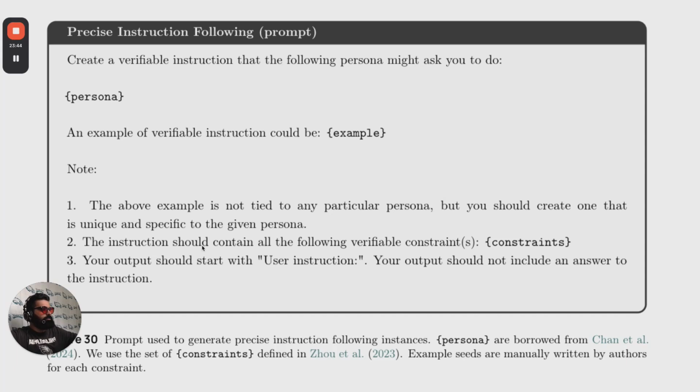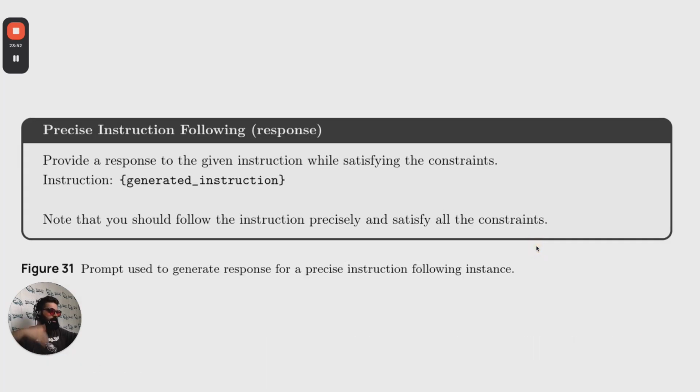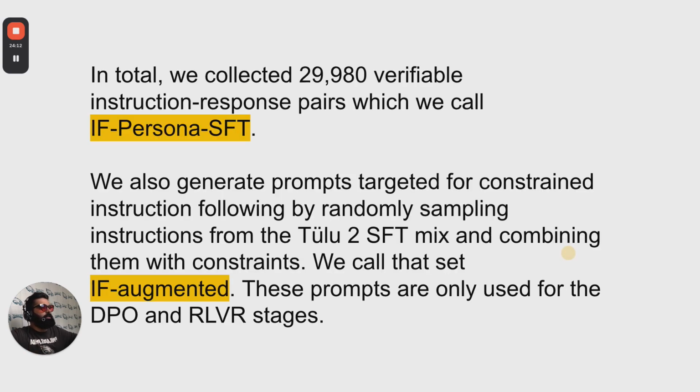The instruction should contain all the following verifiable constraints, and then they put their list of constraints. So that generates an instruction. Then they feed GPT-4o that instruction and say provide a response to the given instruction while satisfying the constraints. Repeating again, note that you should follow the instruction precisely and satisfy all the constraints. And so that's how they get their precise instruction following synthetic data prompt response pairs.